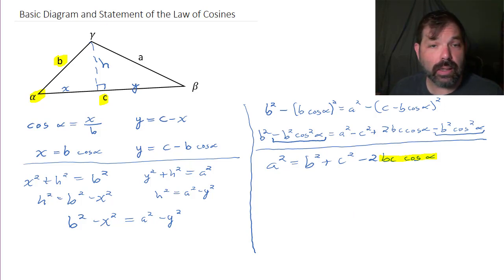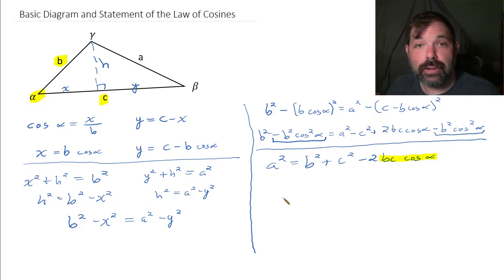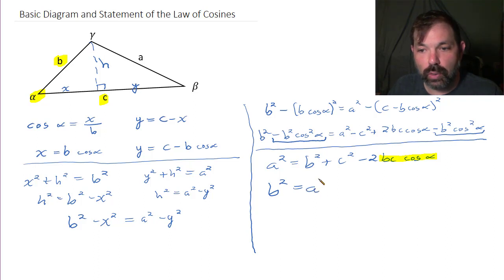Now, if I had drawn the triangle differently, or drawn the altitude differently, I could get a different form of this law of cosines. Another form reads that b squared is equal to a squared plus c squared minus 2ac cosine beta.